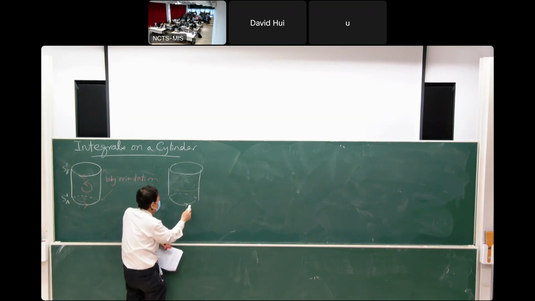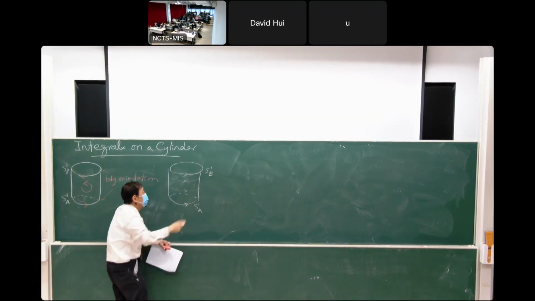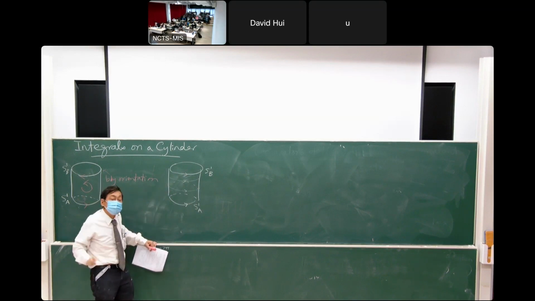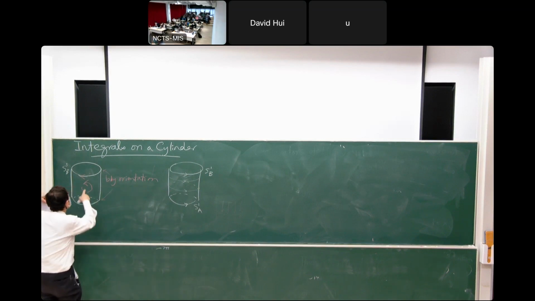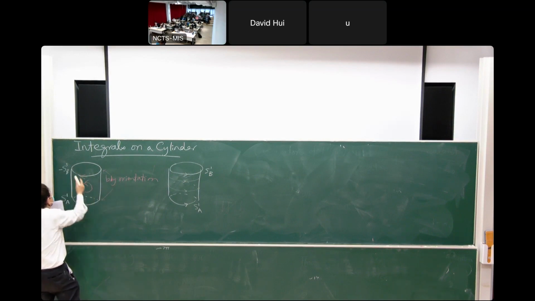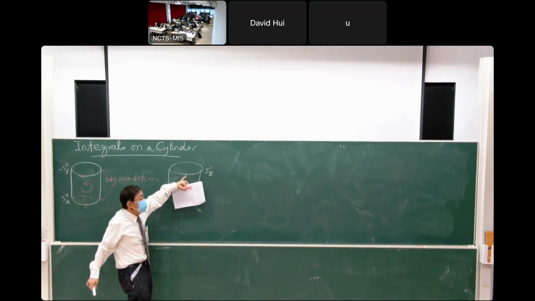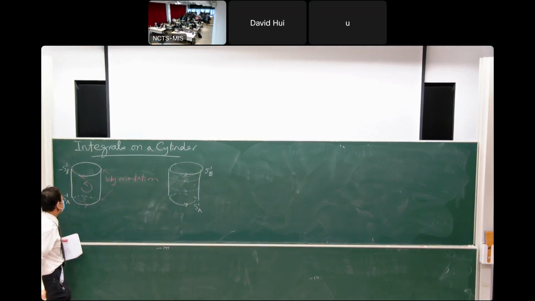So this one is S1A, goes that way, and then it goes that way, goes that way, goes that way, S1B, okay? That's not the boundary orientation. That's just the way I orient all the circles on the cylinder, okay? So actually, with this orientation, it's minus S1B, because S1B is the circle with the orientation going to the right. But in the boundary orientation, it has to go to the left, okay?